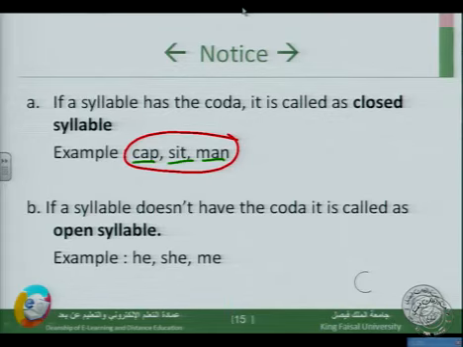Now let us make a tree diagram. Notice this tree diagram. First of all, start with onset and then with the rhyme.